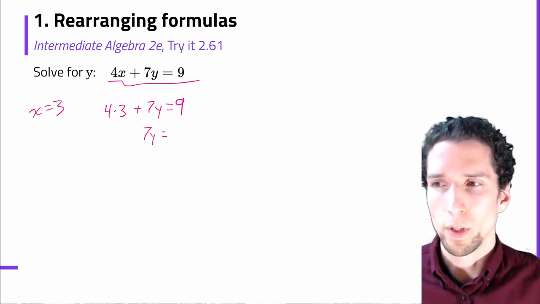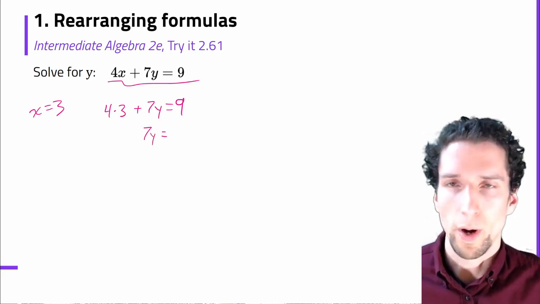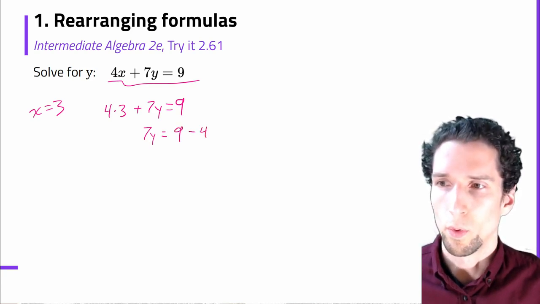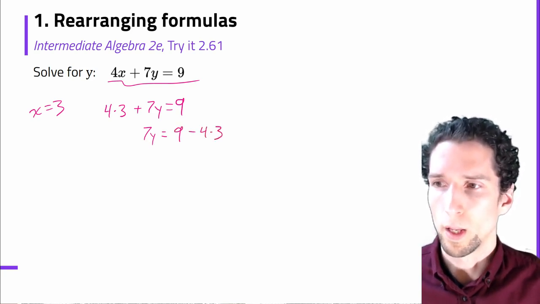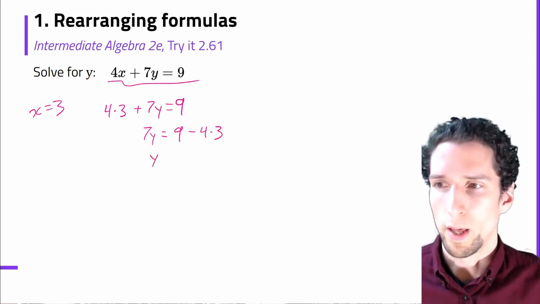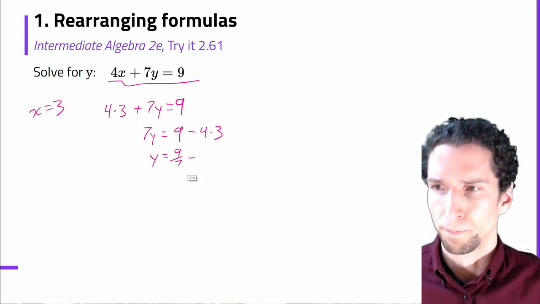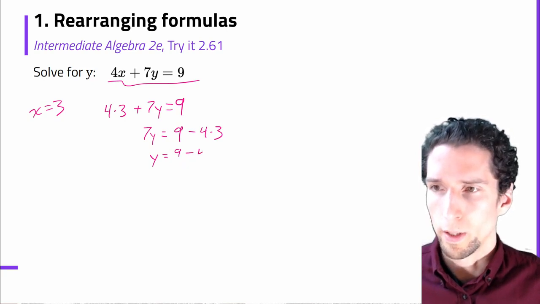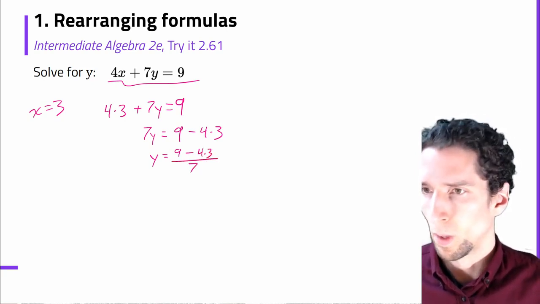If I had 4 times 3 or just 12, I would just subtract from both sides. So 9 minus 4 times 3, and then we'd divide to move the 7 over to the other side. 9 minus 4 times 3 all over 7.